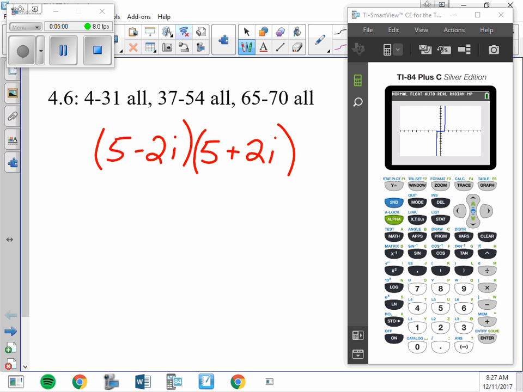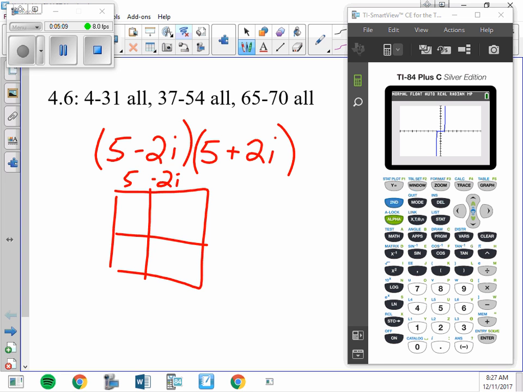Now I'm going to use the box once to show you what happens. 5 minus 2i and 5 plus 2i. 5 times 5 is 25. 5 times negative 2i is negative 10i. 5 times 2i is 10i. And then 2i times negative 2i is negative 4i squared.